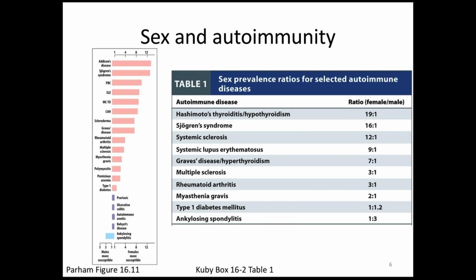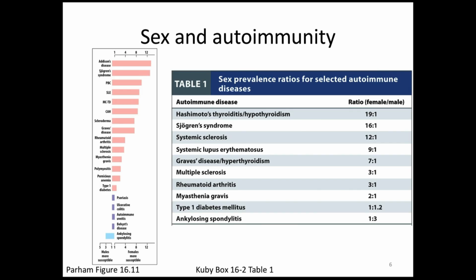And so you can see there are some that have a little bit of a bias towards males, but the majority of them are largely found in women, and in some cases really dramatically more so than men.